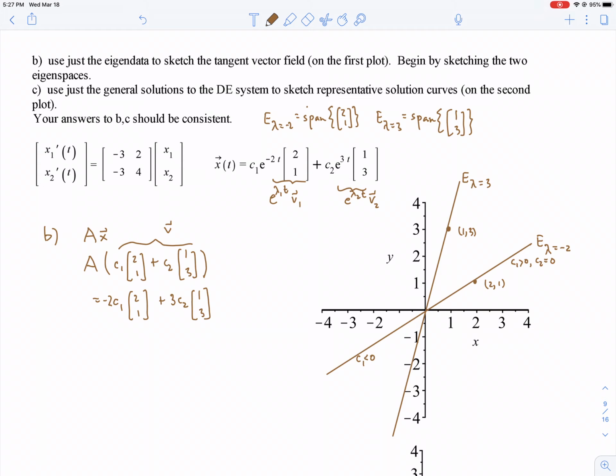Let's do the same thing for the lambda equals 3 eigenspace. So along this upper curve, the C2s are positive because I have positive multiples of (1, 3), and the C1s are 0. And on the other half of that eigenspace, the C2s are negative and the C1s are 0.